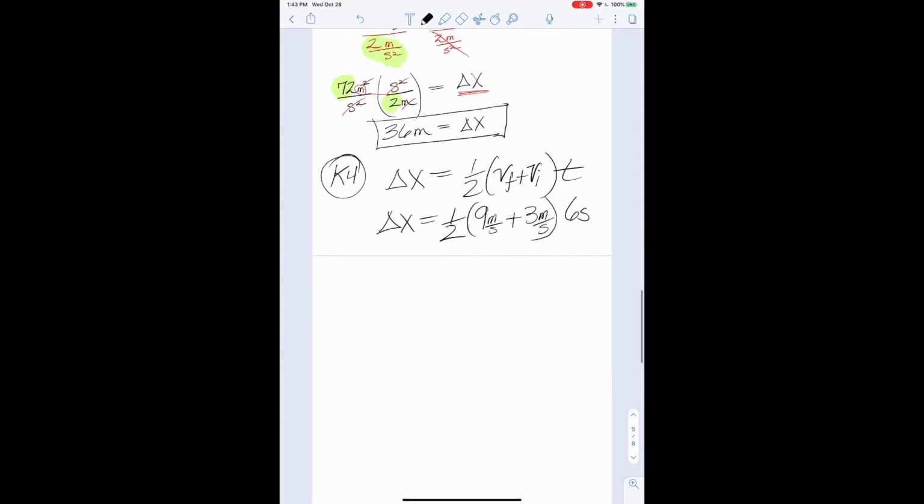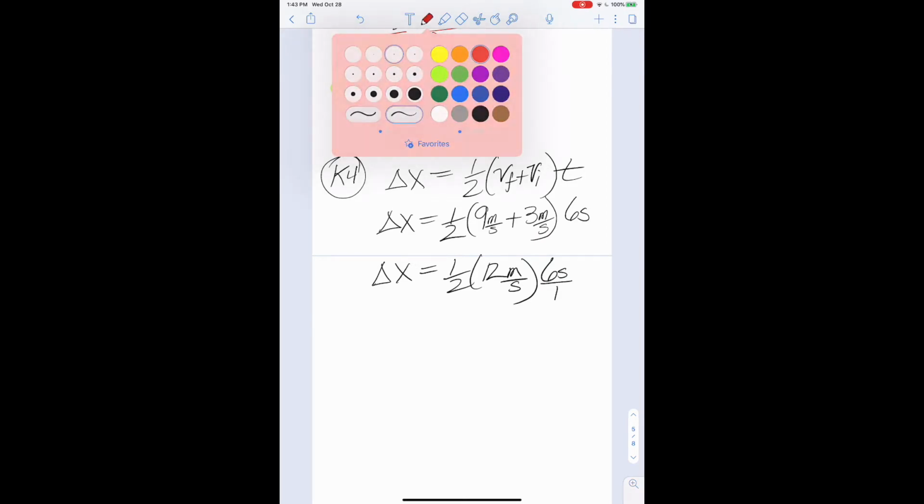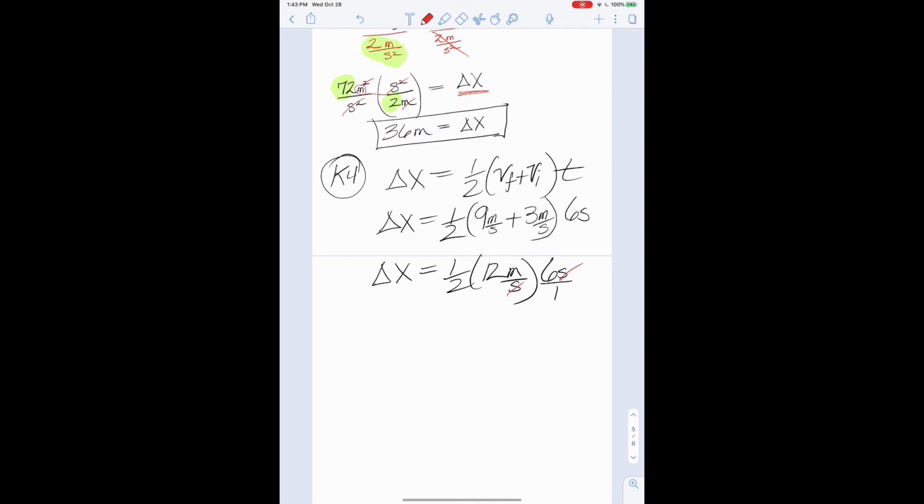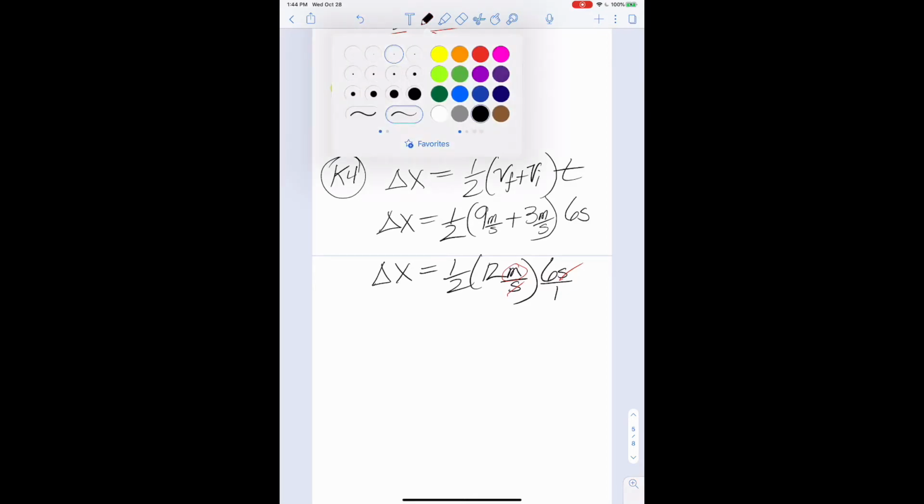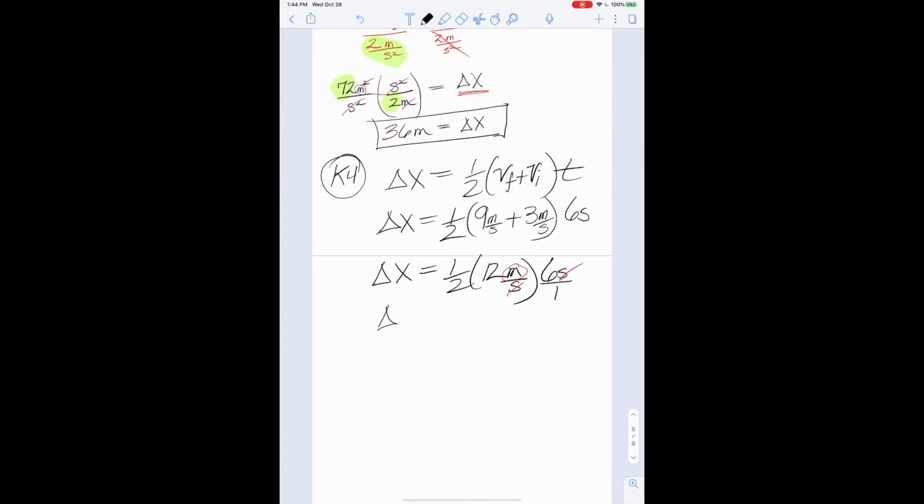All right, so delta x is equal to 1/2 times 12 times 6. Notice that's over 1. I'm showing you that these seconds are going to cancel. We're going to be left with meters like we expect. We have 12 times 6 on top, which is 72, divided by 2. So this is once again going to equal 36 meters.